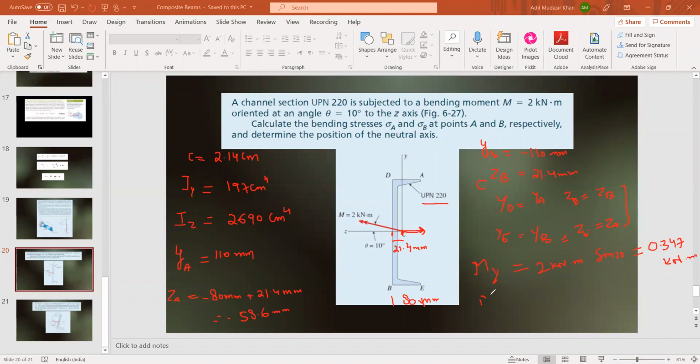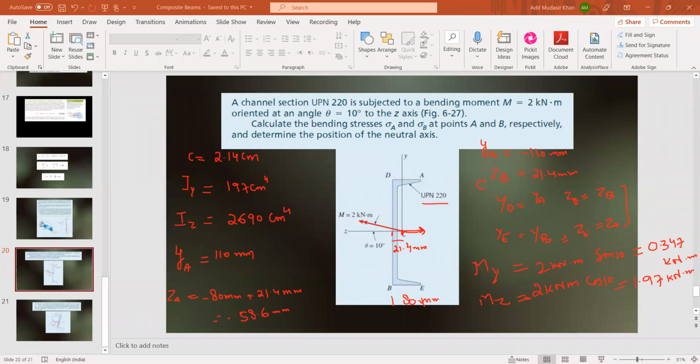And Mz, the moment along the Z axis, is 2 kilonewton meter cos of 10 degree, which comes out equal to 1.97 kilonewton meter. So we know the values of My and Mz.